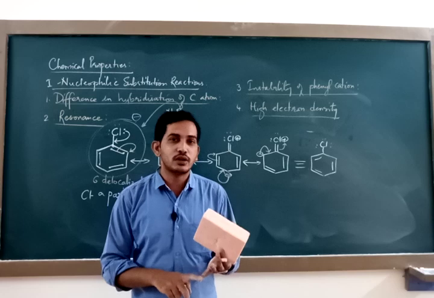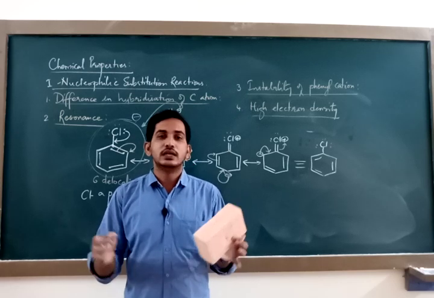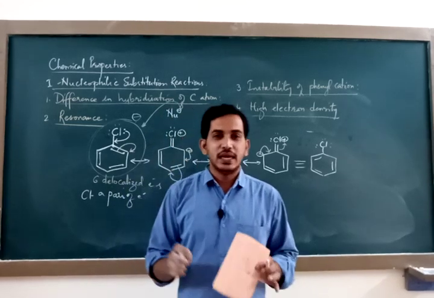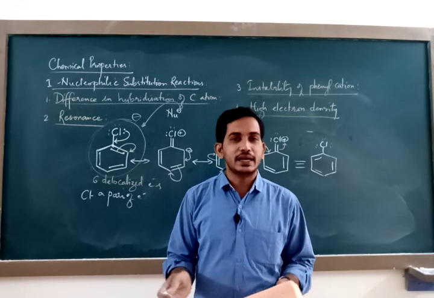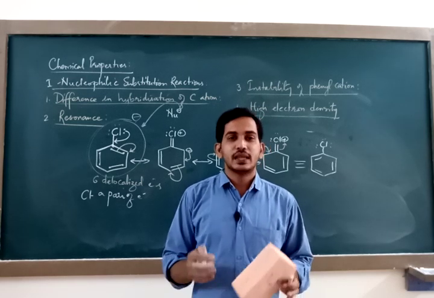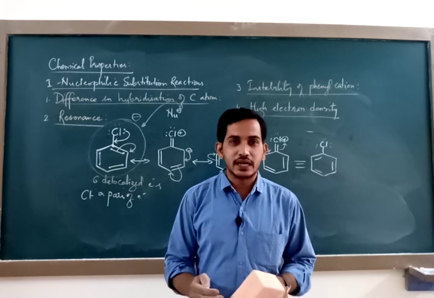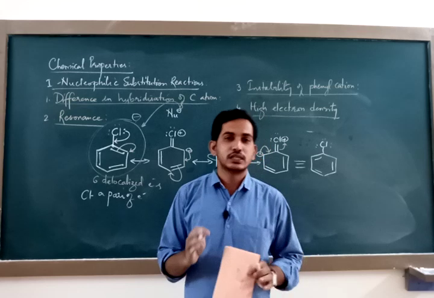The incoming nucleophile also carries negative charge. Both the negative charges, their electron clouds repel one another, making it difficult for it to be attacked by a nucleophile. These are the 4 reasons why haloarenes are less reactive compared to haloalkanes in terms of nucleophilic substitution reactions.